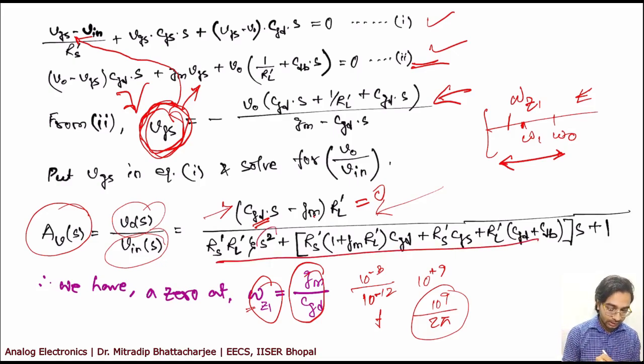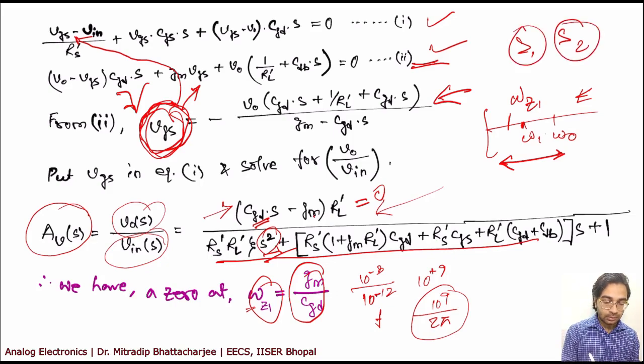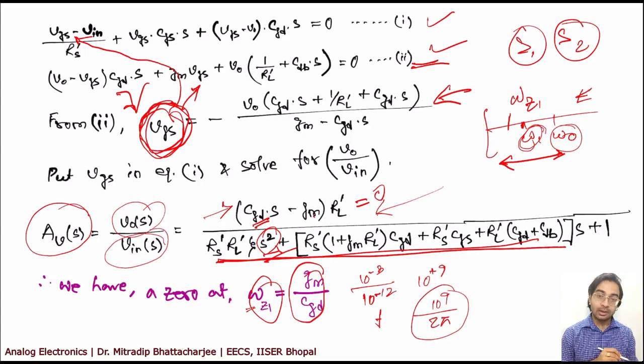However, in the denominator side, you will find this is a quadratic equation. So this quadratic equation will give you again two values of S1 and S2, right? So you will have again omega 1 and omega 2, two frequencies as poles. So this is the expression for the pole, right? So for pole calculation, using Miller's theorem is the easiest one. You can see that it is very complicated in here.